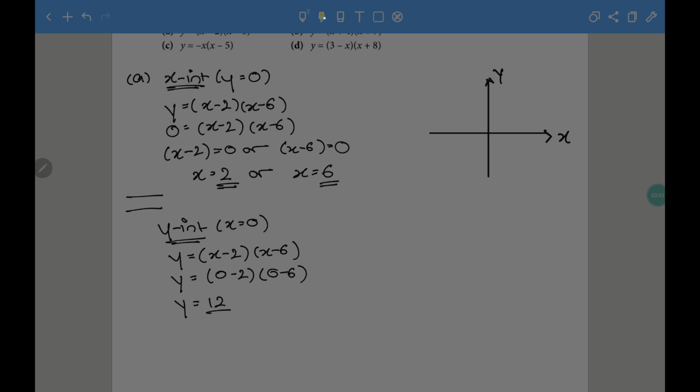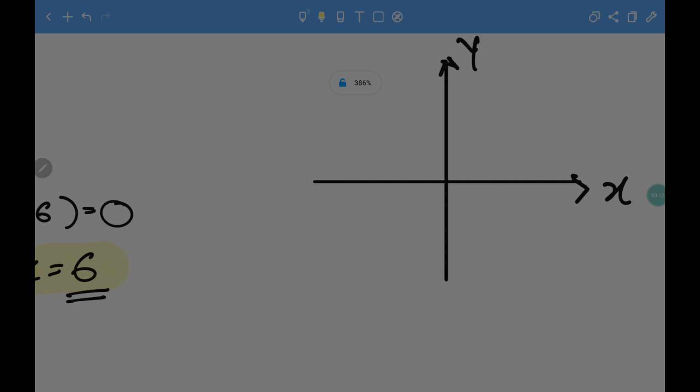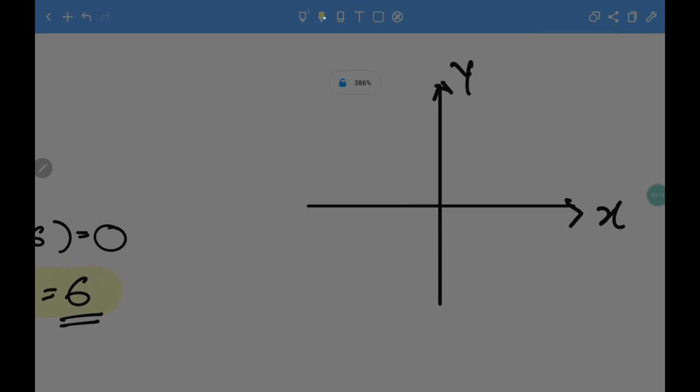Now I want you to label the intercepts. Let's start with the x-intercepts. x is 2, x is 6. This is your axis. Look along the x-axis. Where can the values positive 2 and positive 6 be?